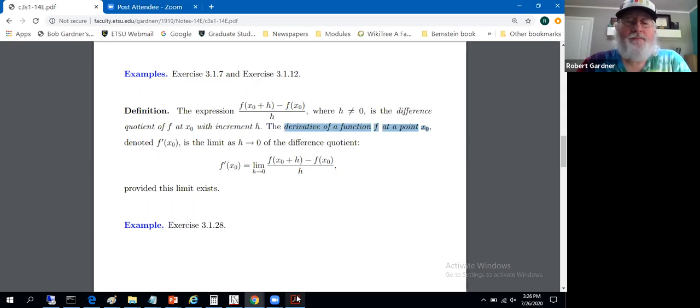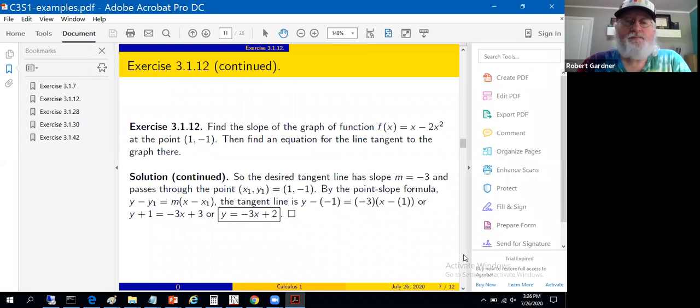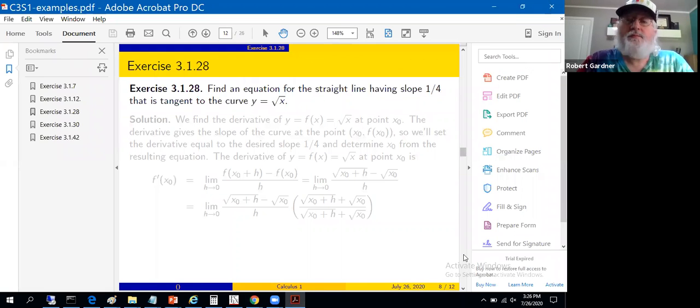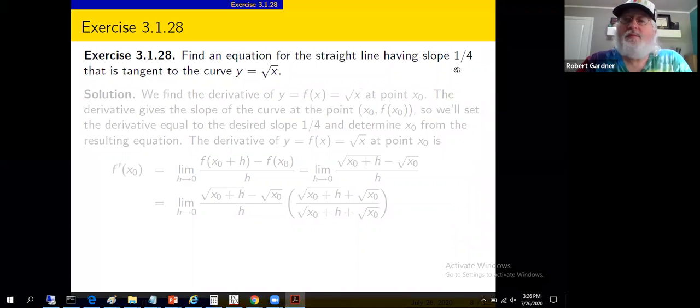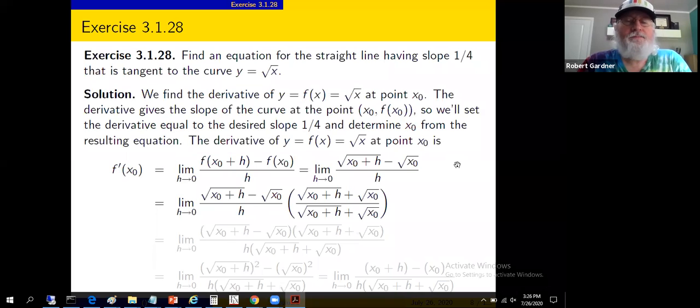Let's do that in an example. Find an equation for the straight line having slope 1/4 that is tangent to the curve y equals the square root of x. Well, let's find the derivative of y equals f of x equals the square root of x at point x sub 0.